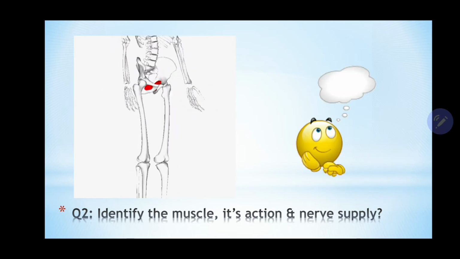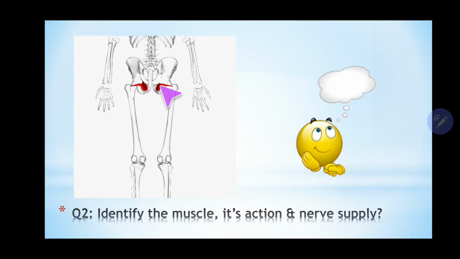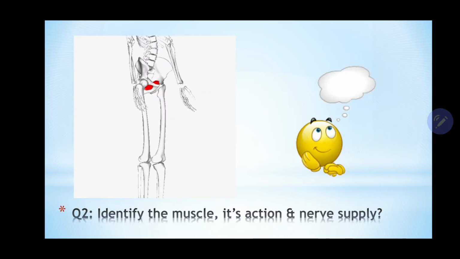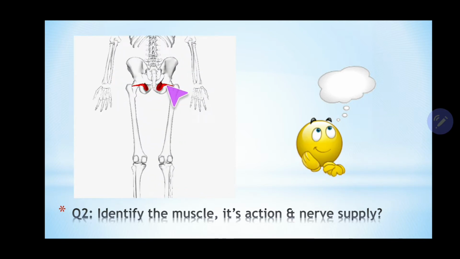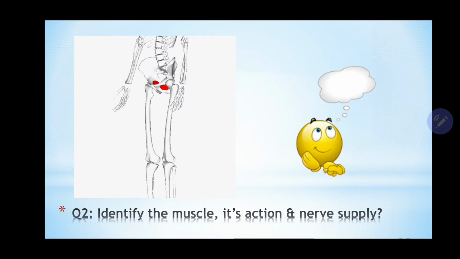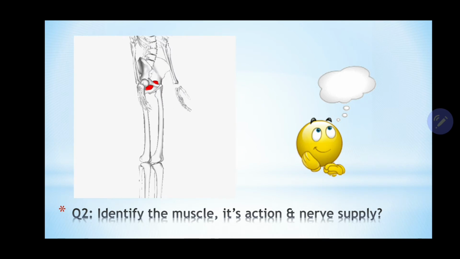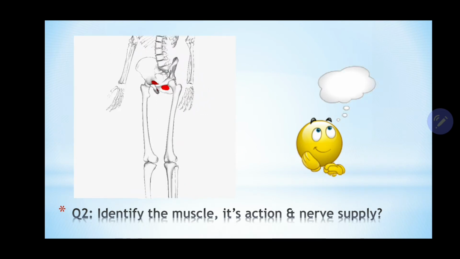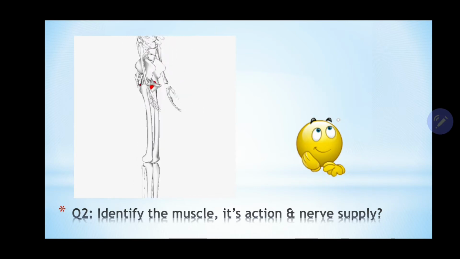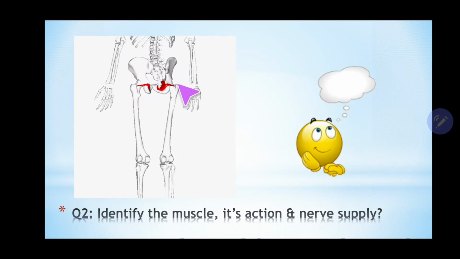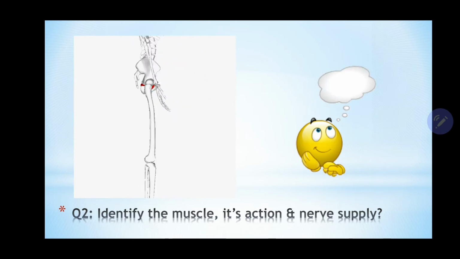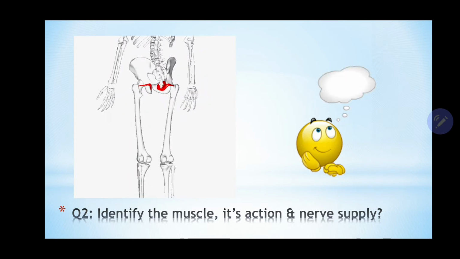When it emerges from the lesser sciatic notch, its tendon is accompanied by two small fleshy muscle bellies running along its upper and lower borders, and they are called gemelli. Together the three muscles, obturator internus and superior and inferior gemellus, insert into the intertrochanteric fossa, peripherally.